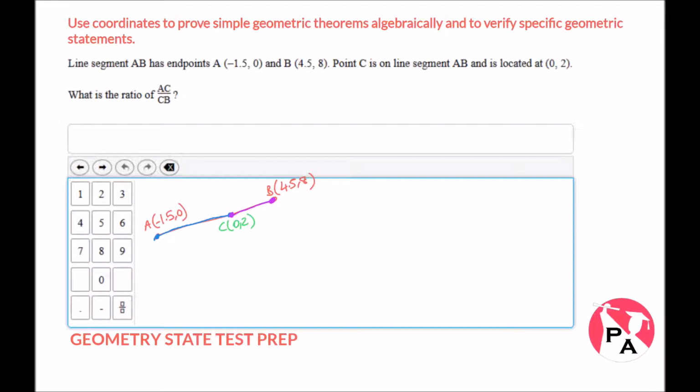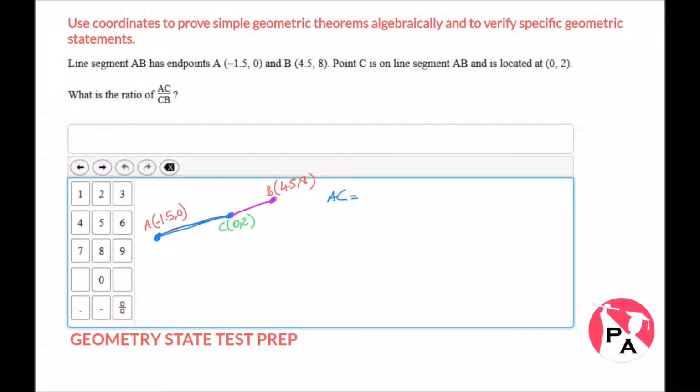The most common mistake here is when students have these types of questions, they usually don't exactly read it. They just assume that they need to find the distance from A to B, which is going to be wrong. So first we are going to find the length of segment AC, and then we are going to divide it by the length of CB.